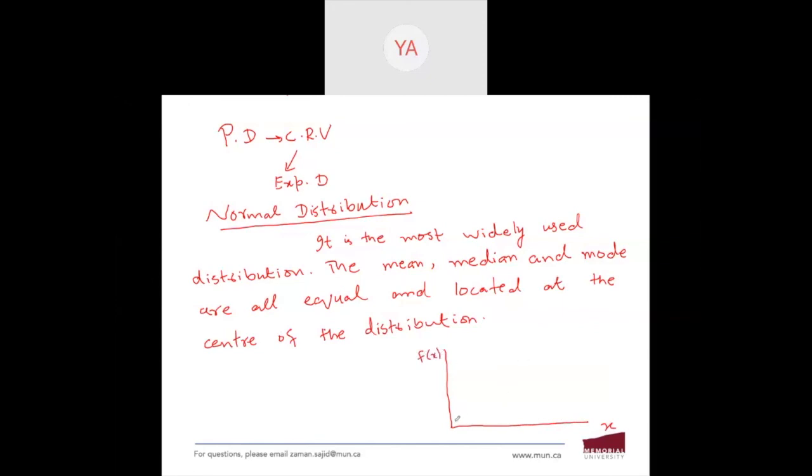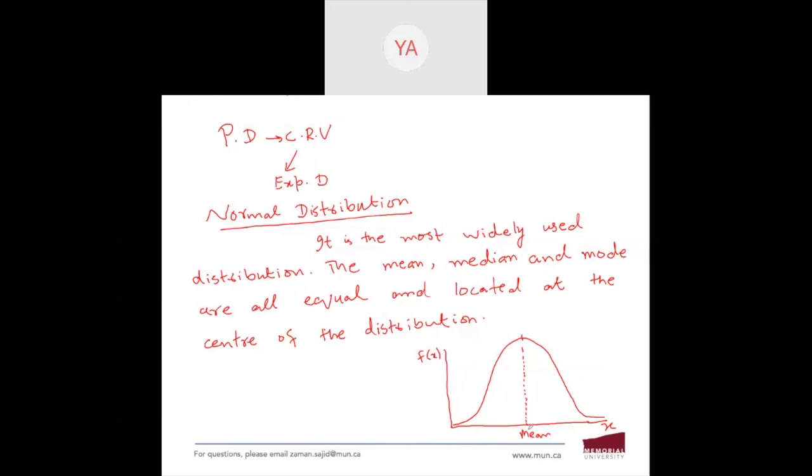So the curve of normal distribution is something like this. Basically it is symmetrical. So this point is the mean, the center point here. By this statement, I mean to say the mean, median, and mode are all equal and located at the center of the distribution.